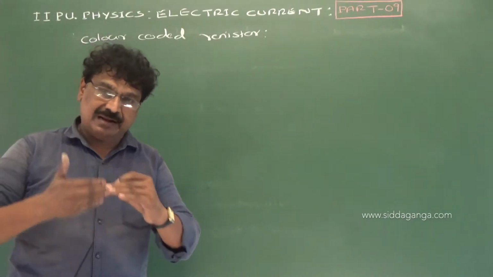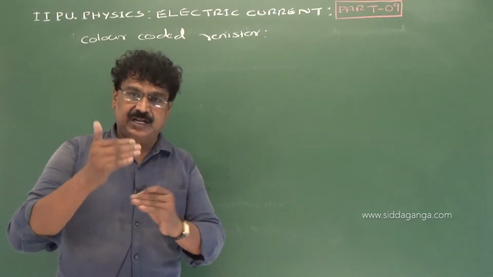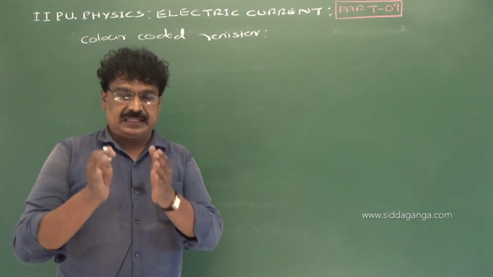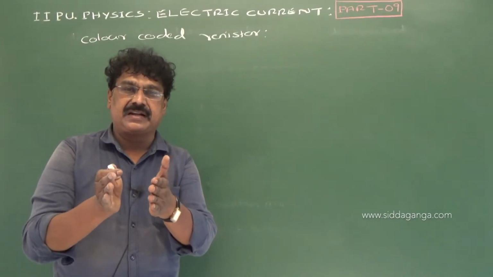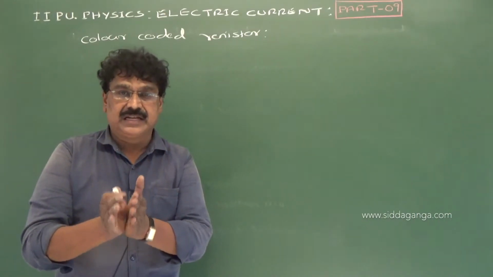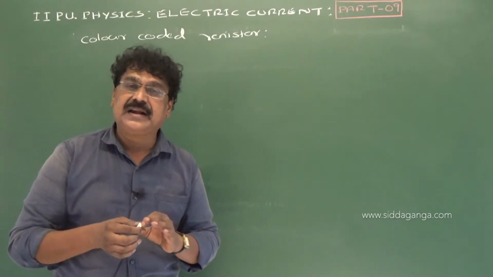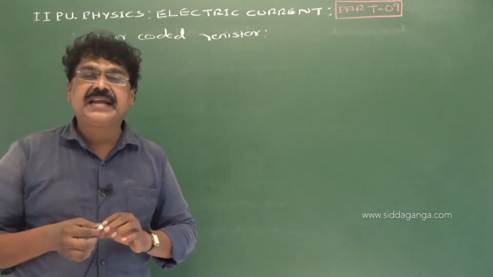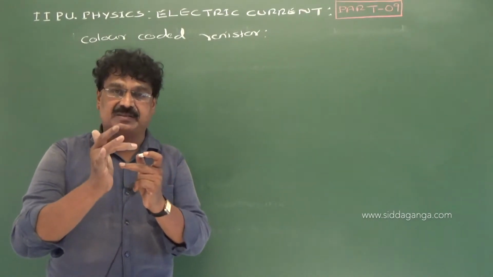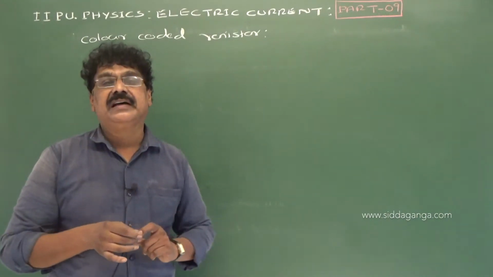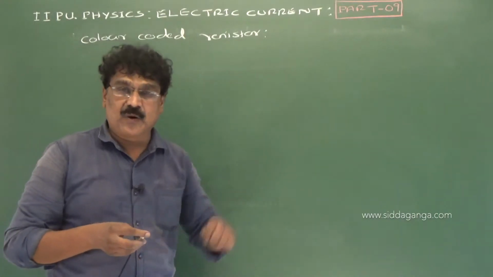Therefore the value of resistance and the tolerance of the resistor, the percentage through which the resistance value can deviate from the marked value, which is called percentage of error or tolerance, are indicated by marking suitable colored rings or colored bands on the resistor. Such a resistor is called a color coded resistor.